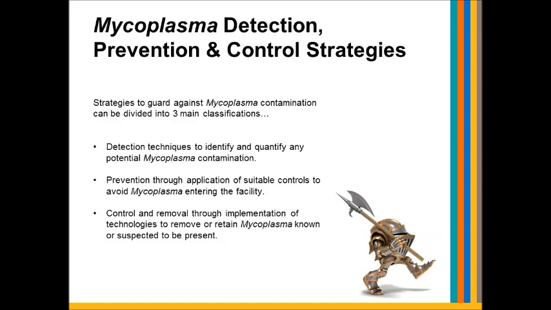The prevention through application of suitable controls to avoid mycoplasma entering the facility and try and make your facility bulletproof, more or less. And then finally, the control and removal through implementation of technologies to thoroughly get rid of any kind of contamination that is suspected to be present.